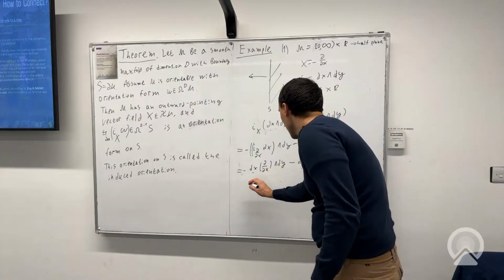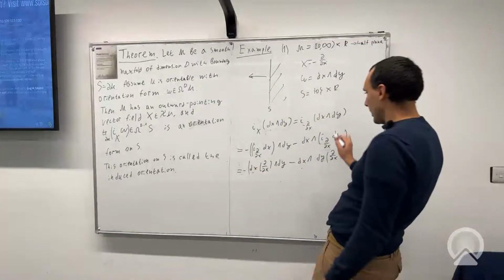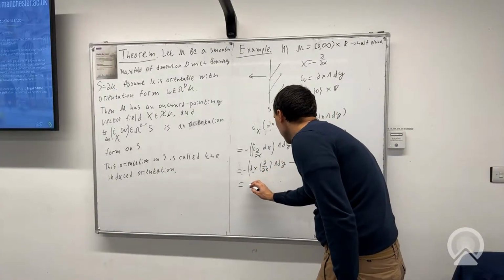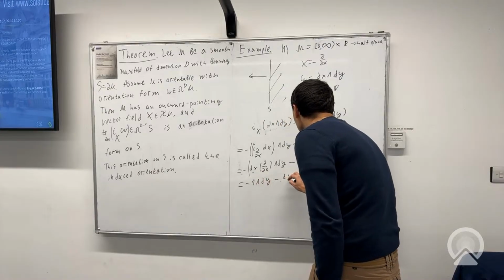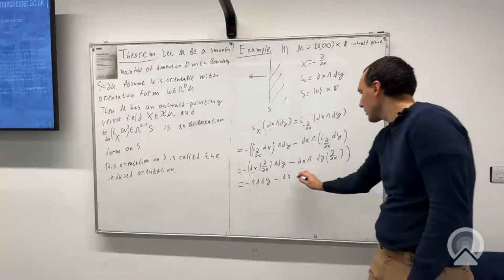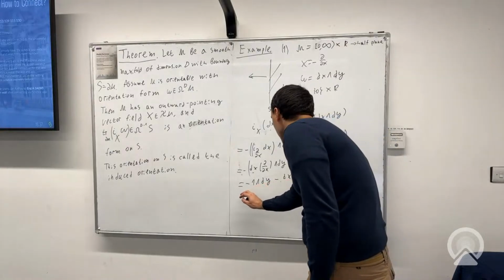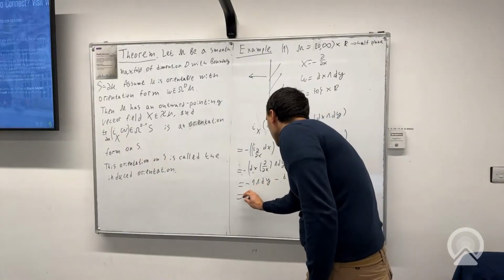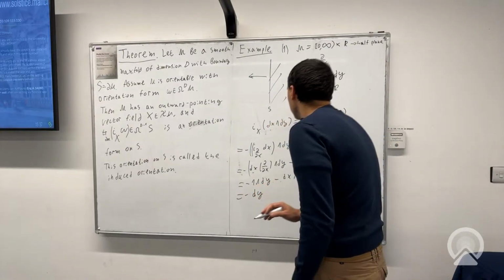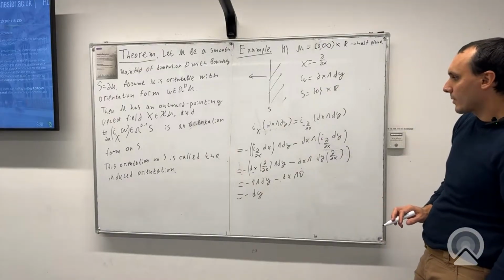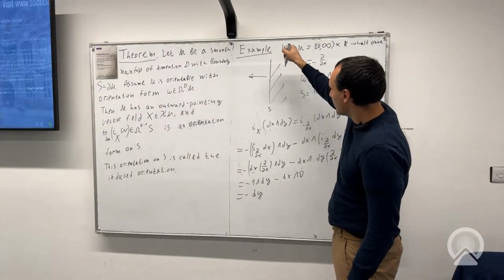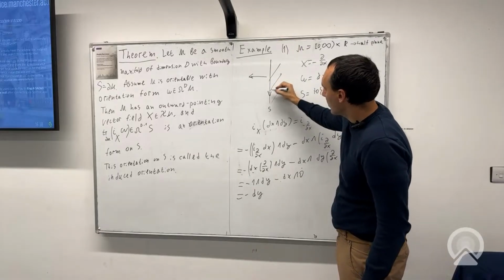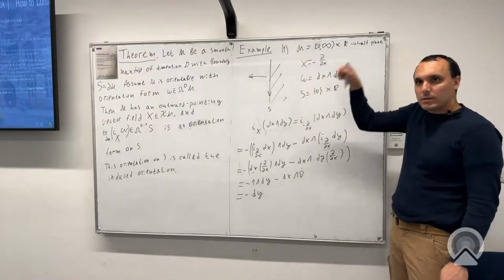This is 1, and this is 0, and so we get minus dy. So the natural orientation here is down.